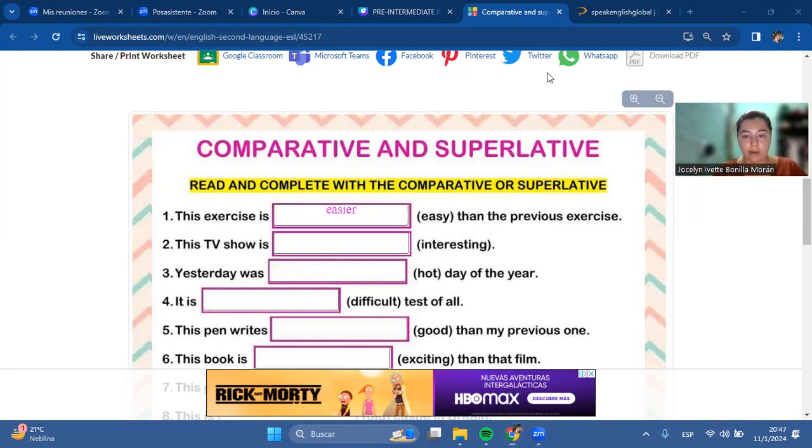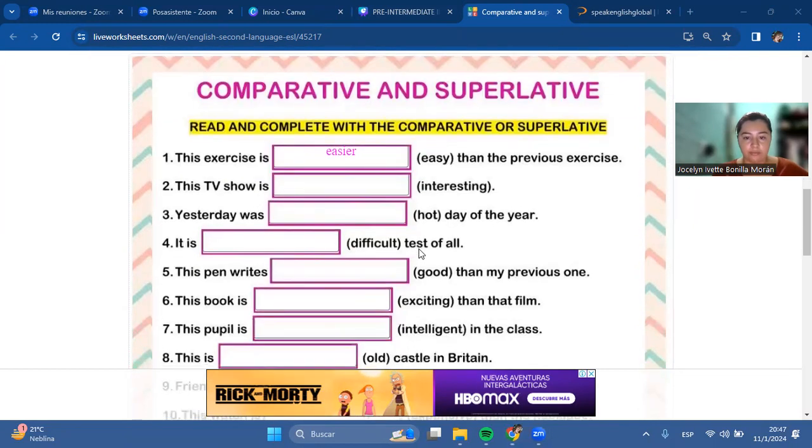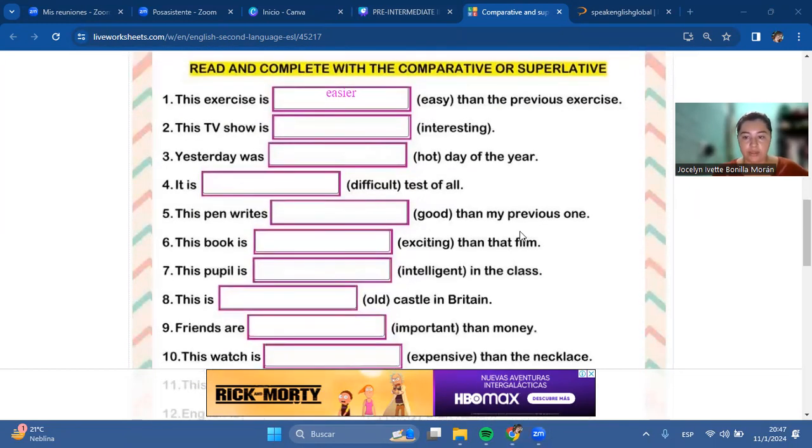So what about interesting? More interesting. Okay, thank you. What about hot? Hotter. What about difficult? More difficult. Good job. And what about good? What is the comparative of good?